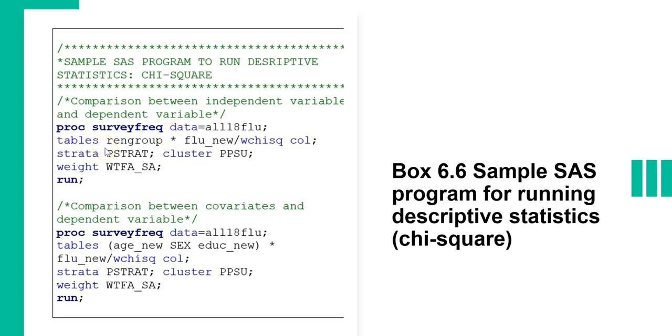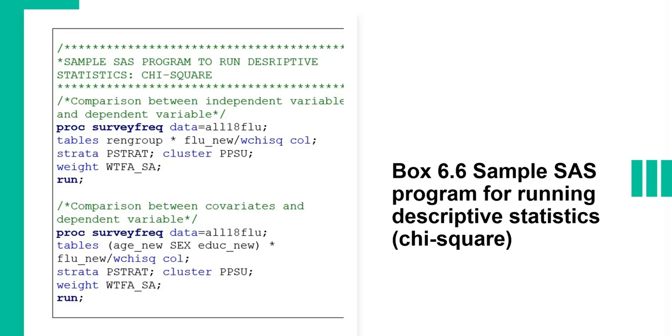Our table statement includes the independent variable, then a star, and then the dependent variable, with the / WCHISQ, which means weighted chi-square, and I've included a call for the column percent. We have a strata statement for the PSTRAT variable, and a cluster statement for the PPSU variable, and the weight.